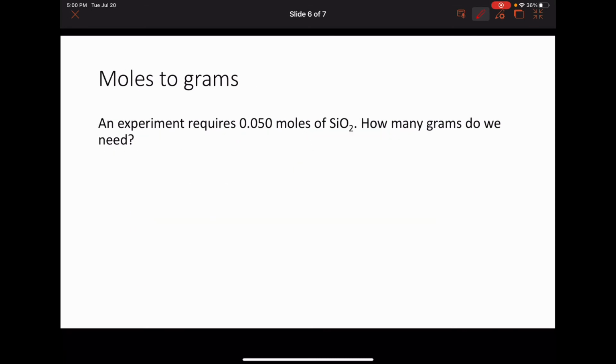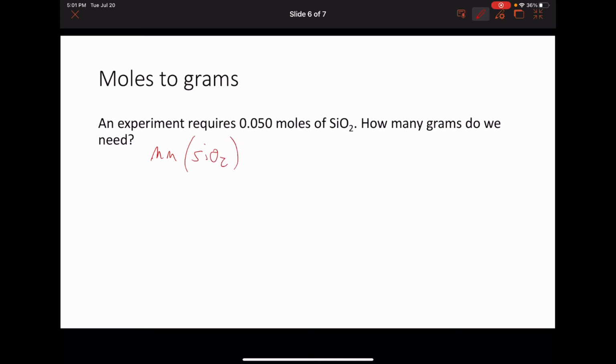Now we can also reverse this. So if we know an experiment requires 0.05 moles of, say, silicon dioxide or sand, and we have a balance, so we can mass this sand. How many grams do we need to get that? The first thing we would want to do is figure out the molar mass of our SiO2.